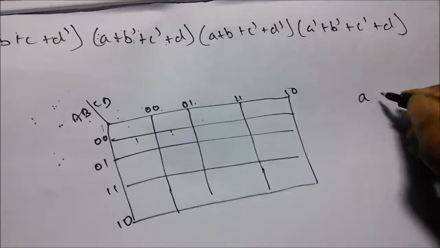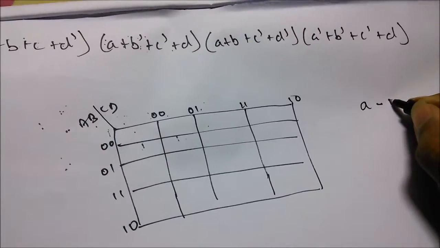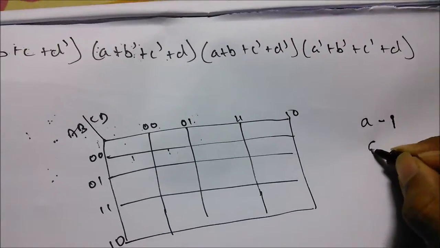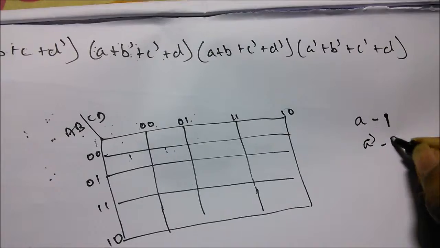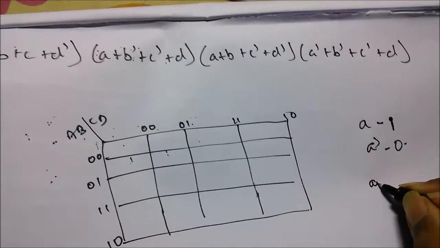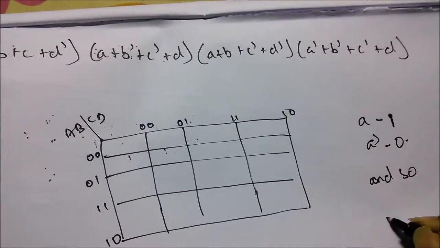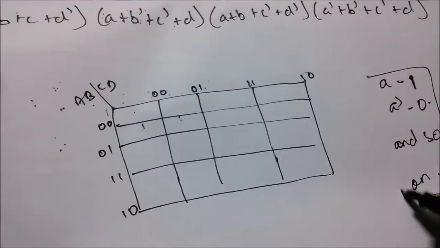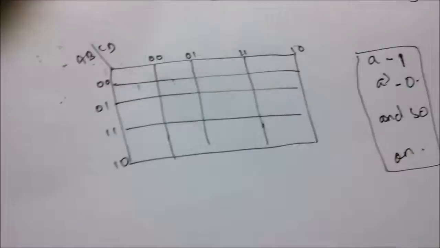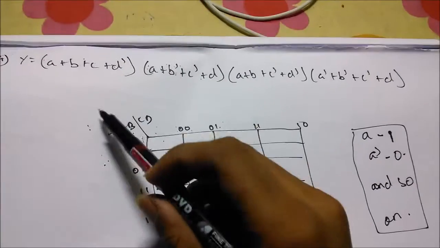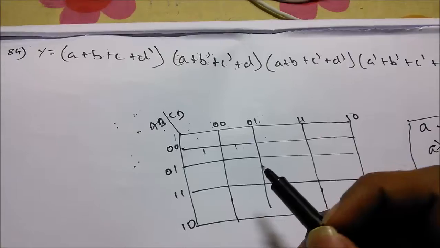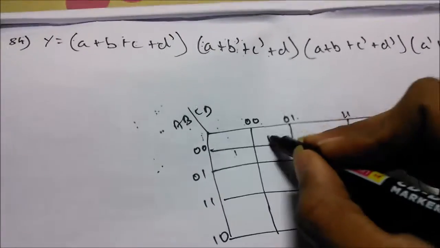Now A is 0, sorry, A is 1 and A dash is 0 and so on. So matching with our terms and this condition over here, we have to plot zeros in the following columns.